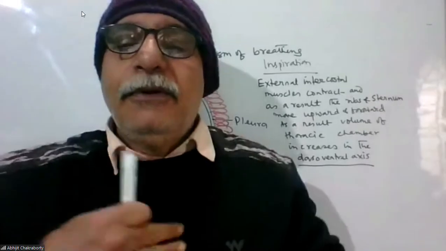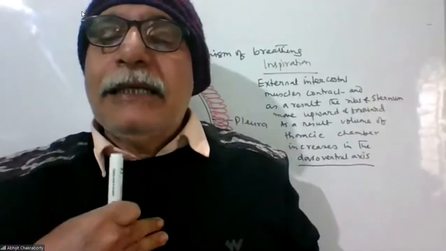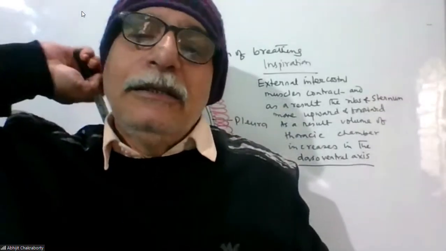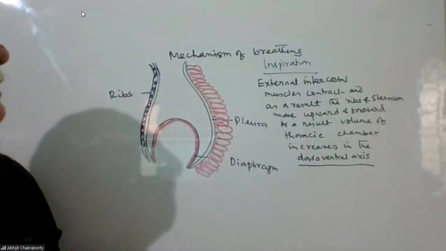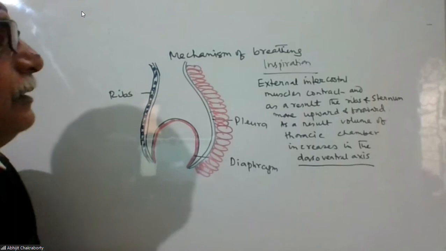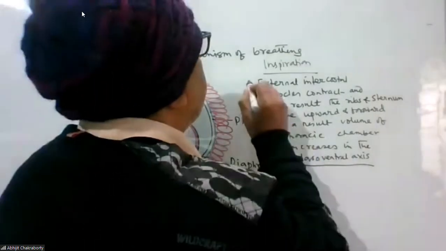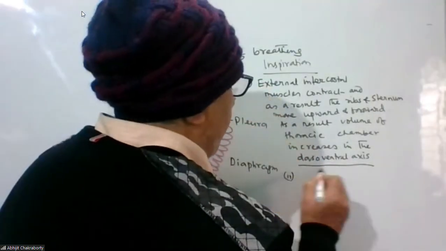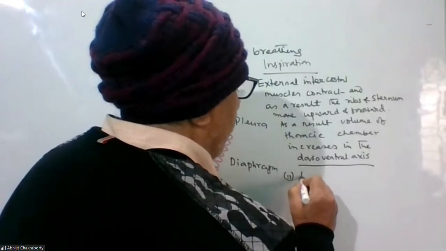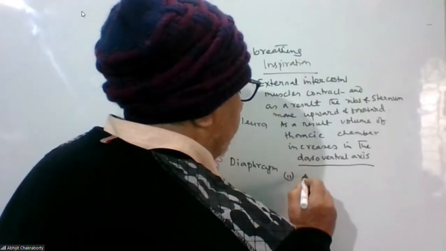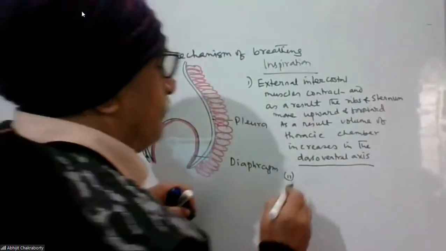That means from this side to this side. This is the ventral side and this is the dorsal side. So it is the dorsoventral axis.